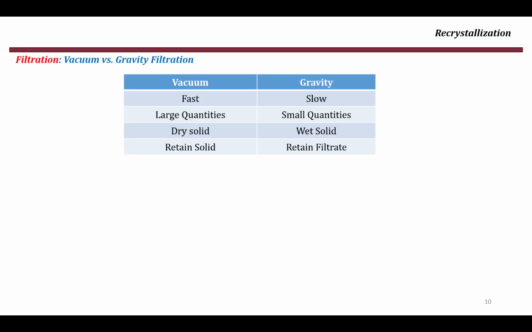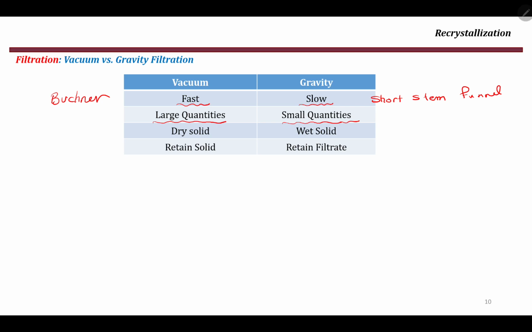Now, what's the difference between vacuum and gravity filtration? Vacuum filtration is usually fast, whereas gravity filtration is slow. In vacuum filtration, we use the Buchner funnel, whereas in gravity filtration, usually we use the short stem funnel. Vacuum filtration is usually used for large quantities because it's very fast, whereas gravity filtration can be used only for small quantities.